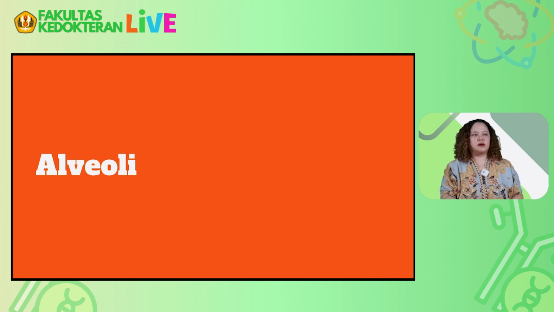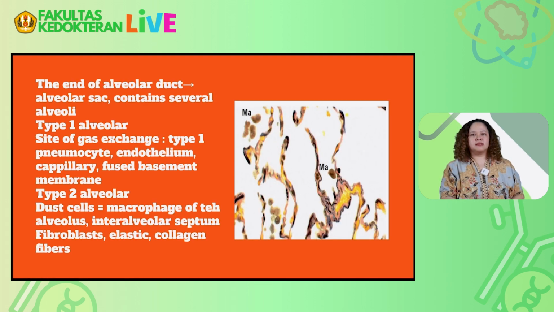Okay, now the last part of the respiratory part is the alveoli. Alveoli are the sac-like invaginations of respiratory bronchioles, and that consists of alveolar duct and alveolar sac.